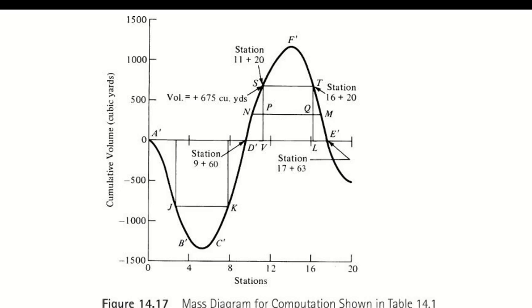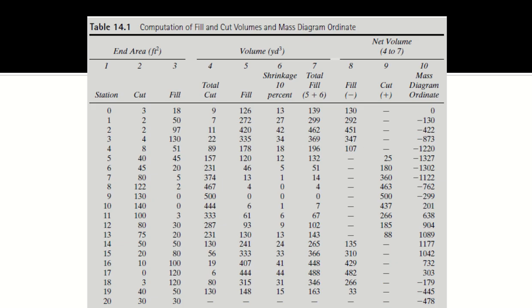And the material I will transfer between these two stations: at station D dash, material is 0. At station 10, the material is 201.